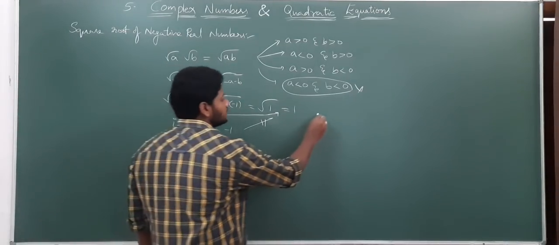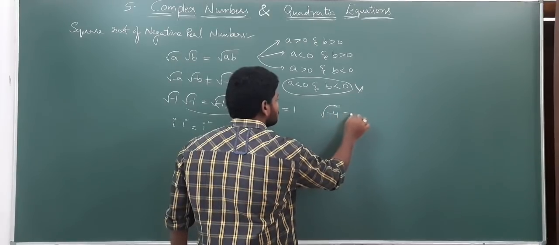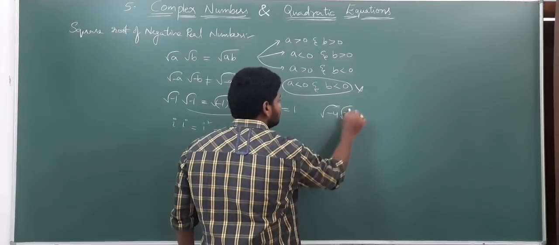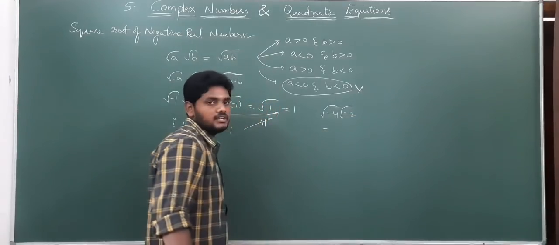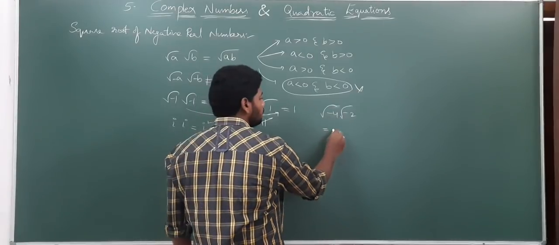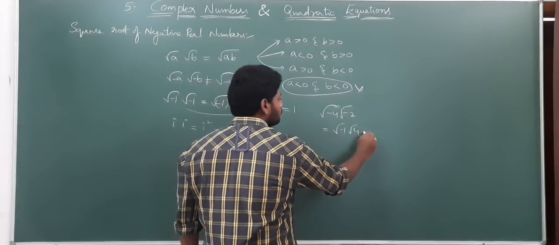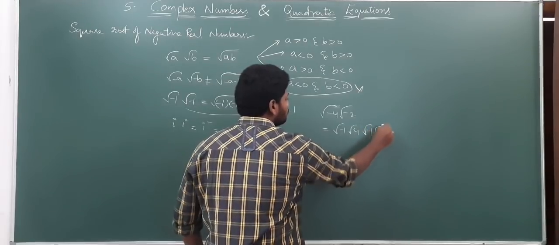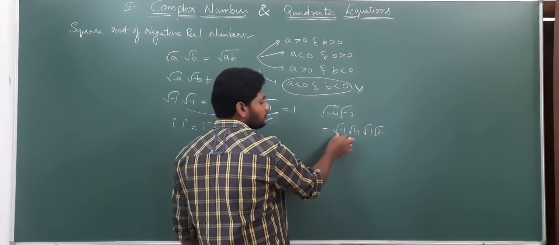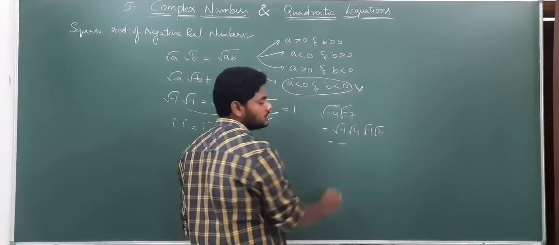For example, take square root of minus 4 into square root of minus 2. To simplify this, we can write root of minus 4 as minus 1 into root 4, and root of minus 2 as minus 1 into root 2. So the square root of minus 1 value is i, and i into i is i square, which is minus 1.